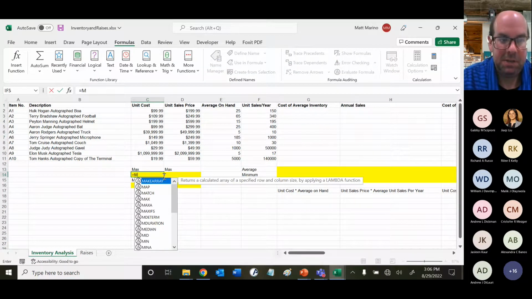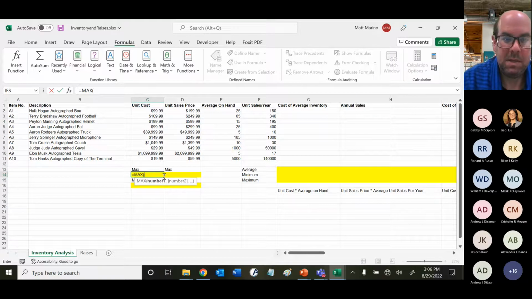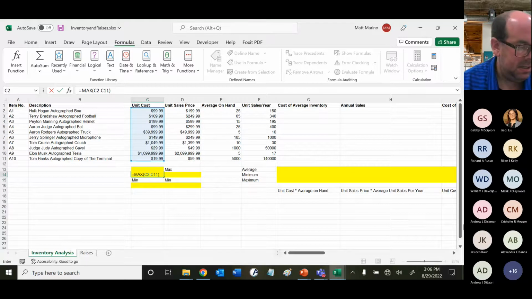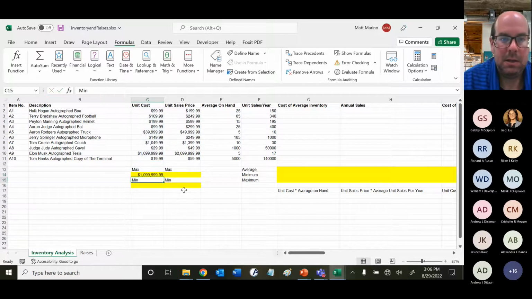We would first type equals max, parenthesis, and then highlight our entire range, close the parenthesis. In this case, it would be C2 colon C11. And when we hit enter, we see our max is the Elon Musk autographed Tesla.